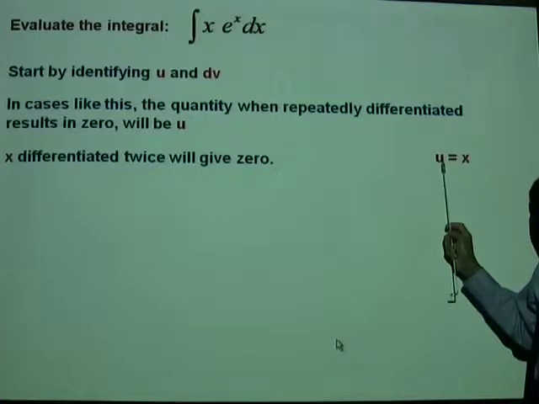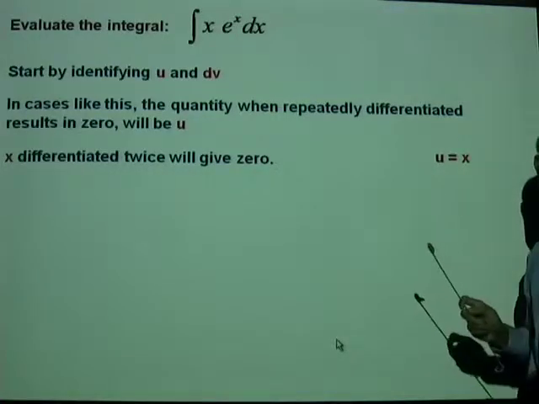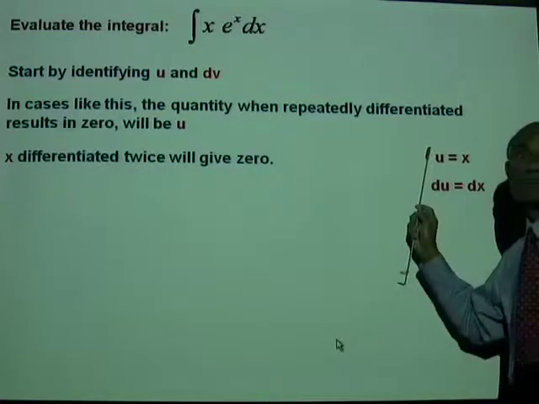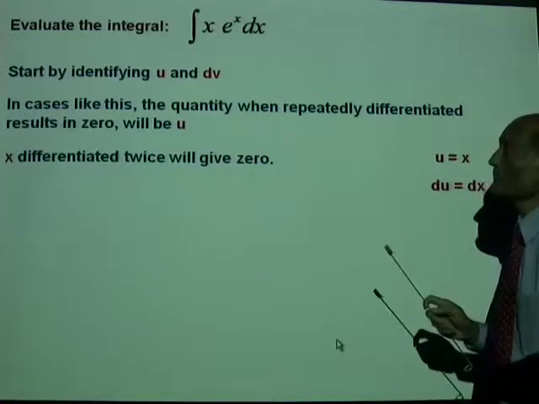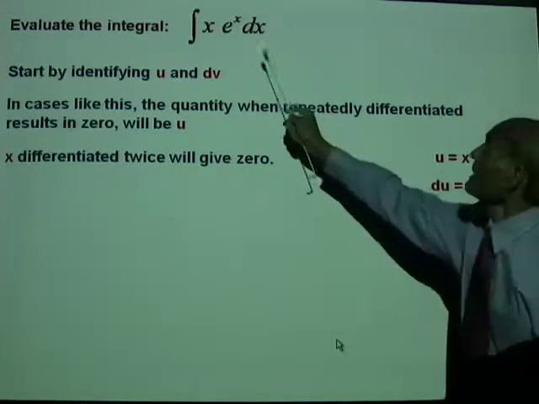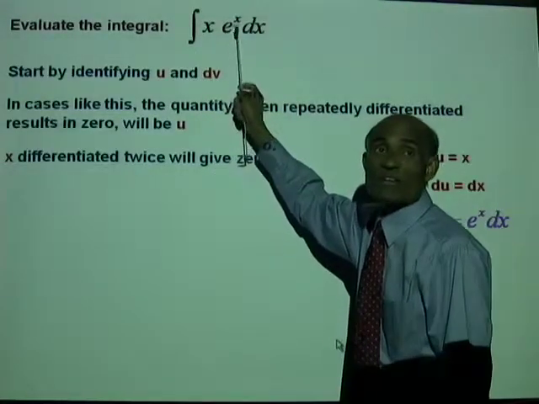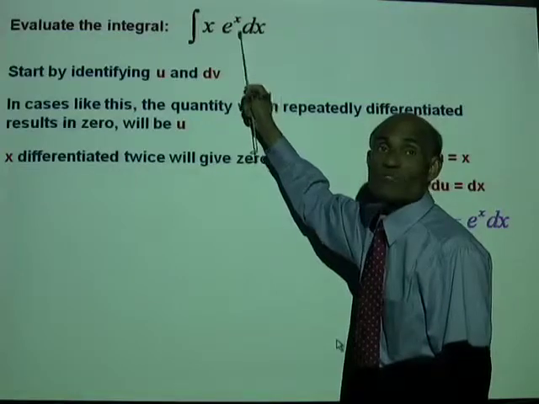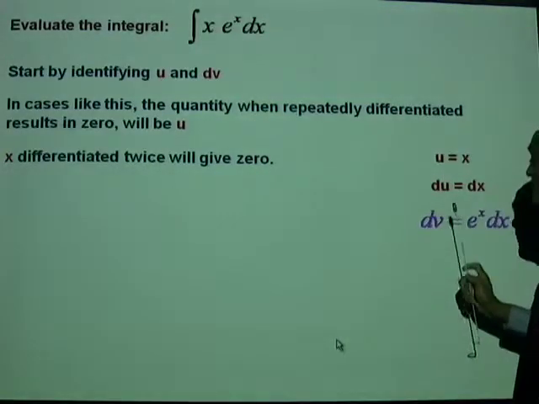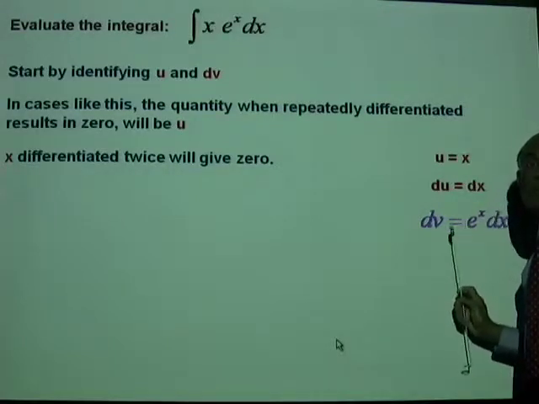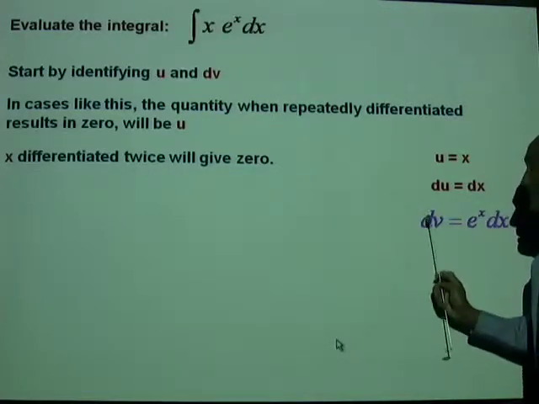So we start by saying u equals x, and therefore du equals dx. We have those two quantities now. If x is our u, then the remaining part, e to the power of x dx, is our dv. Alright, if dv is e to the power of x dx, then what is v?